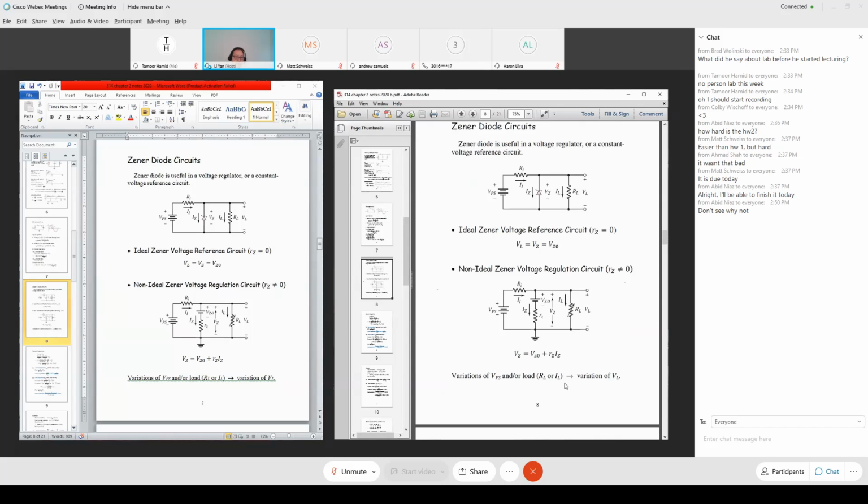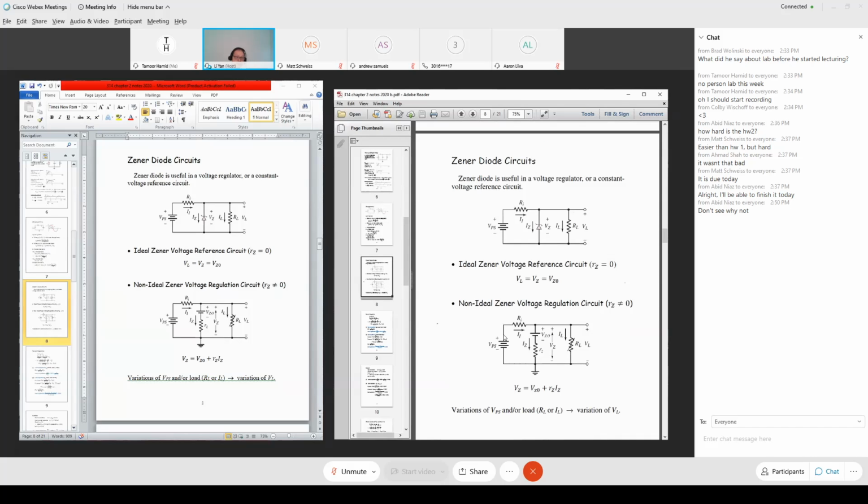Previously we described how input voltage variation can cause a load voltage variation. We also described how load current variation can cause a load voltage variation. Now there's another situation: we change the load, but not directly through the load current, rather because the load resistance changes. This is another possibility.